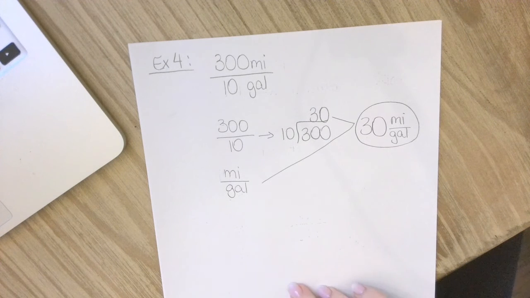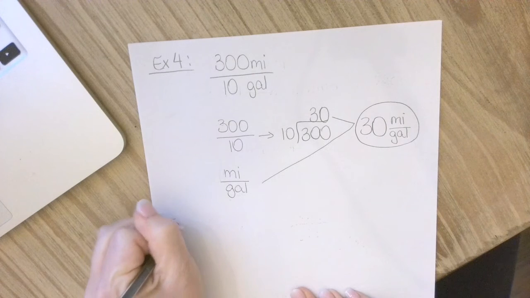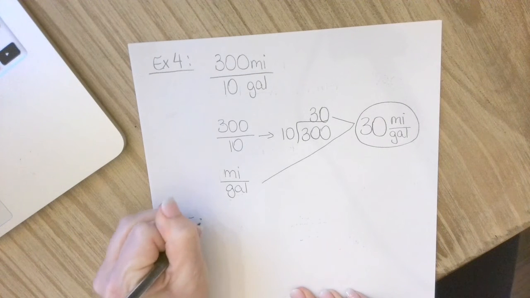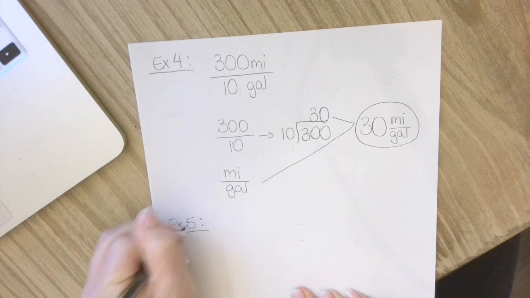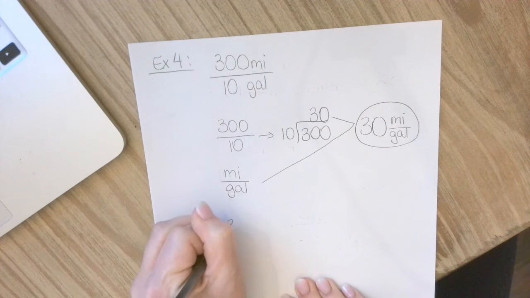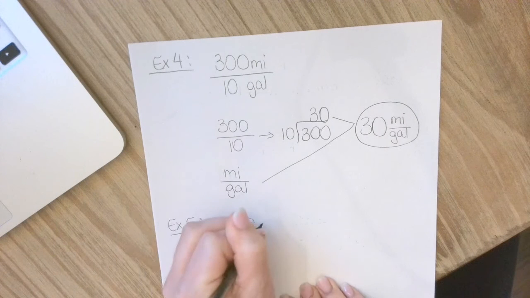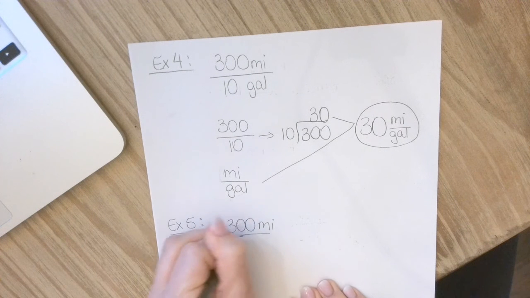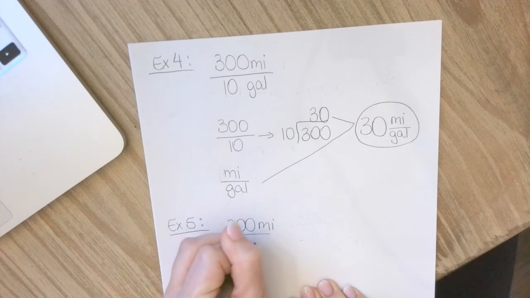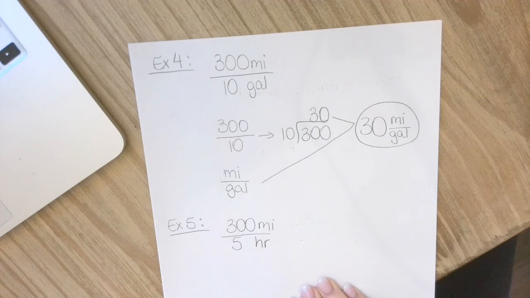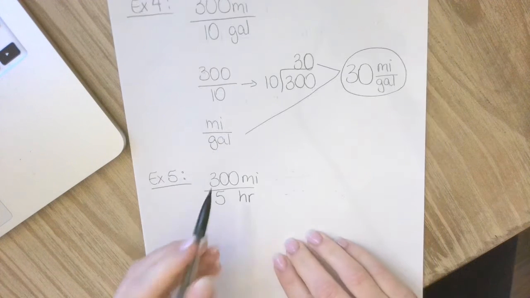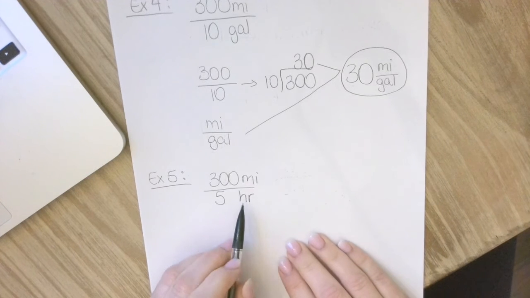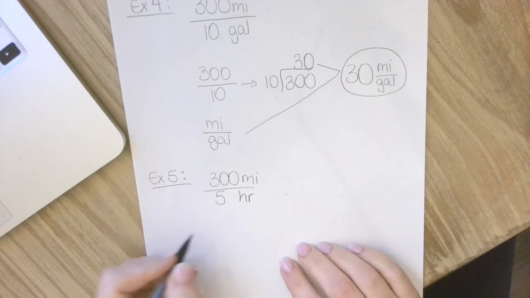Okay, so let's try this example. And this is actually a homework problem, so it's a little freebie for you. So we have 300 miles over 5 hours. Okay, so again, have you ever heard of miles per hour? That is a speed.